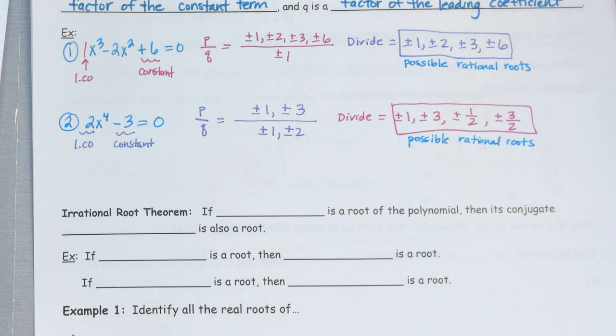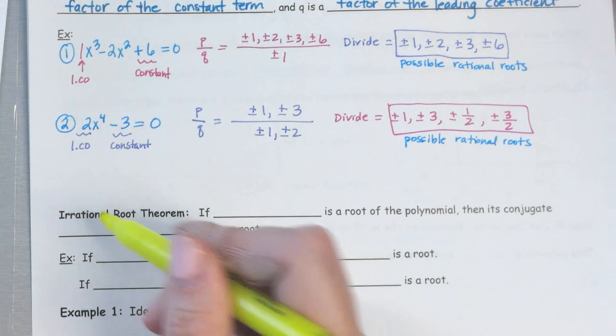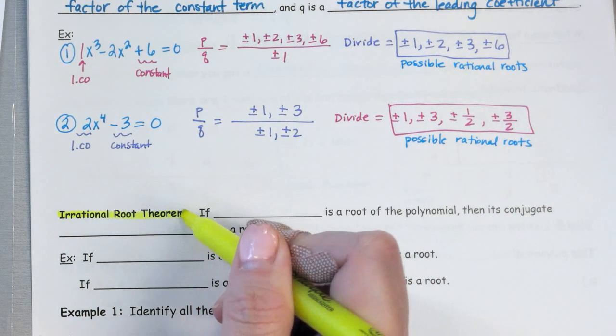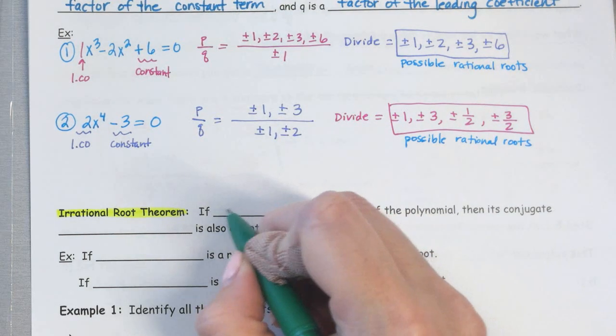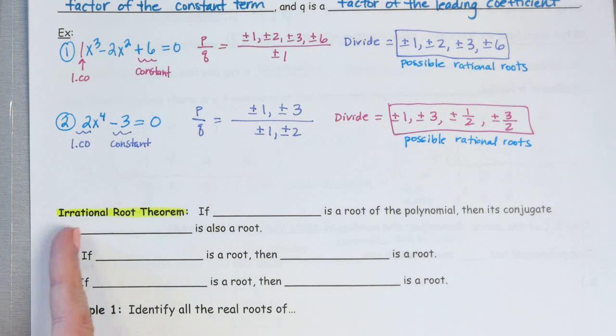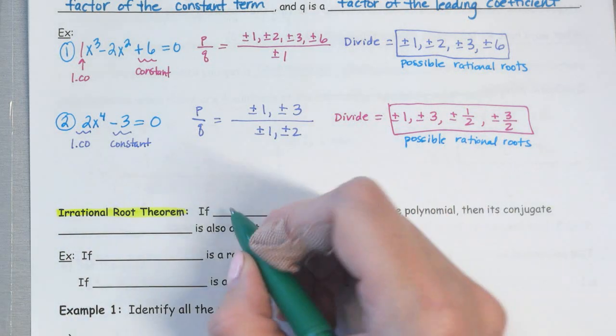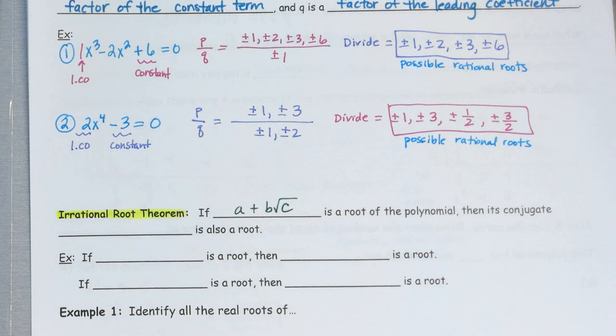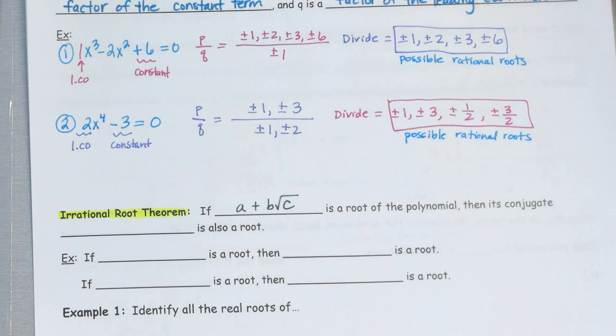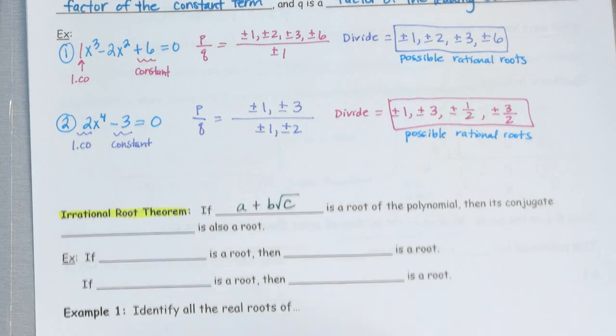So your irrational root theorem is similar to something we did earlier in chapter 2. The irrational root theorem, so not rational but irrational, says if you have a plus b root c, if that's a root of the polynomial, then its conjugate, you guys remember that word?